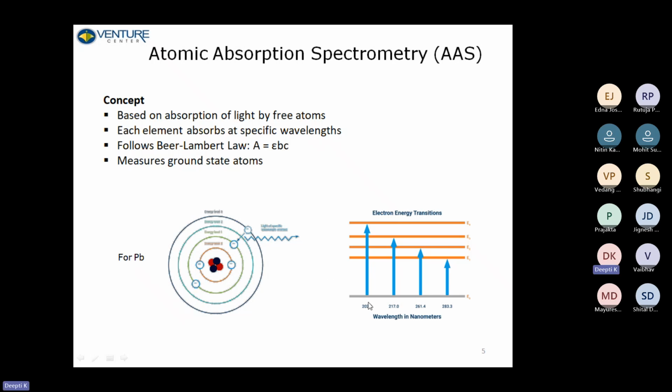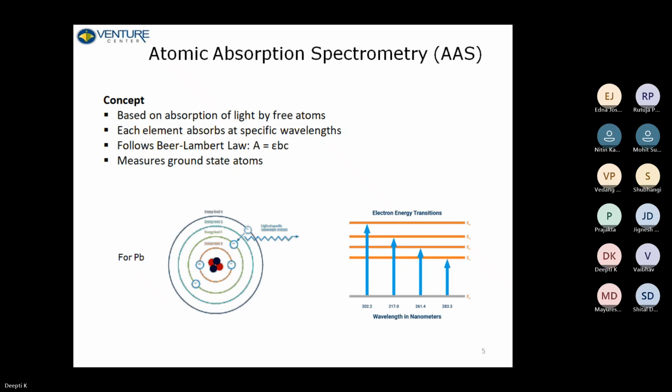So especially in the case of lead, let's say the energy required to move the electrons from ground state to the first level is 283 nanometers. This is the wavelength that is required. A higher energy will be required for the ground state electron to jump to the higher orbital state, and so on. So for a particular element, there are different wavelengths that are possible to be determined, so that we can determine one element using different wavelengths.